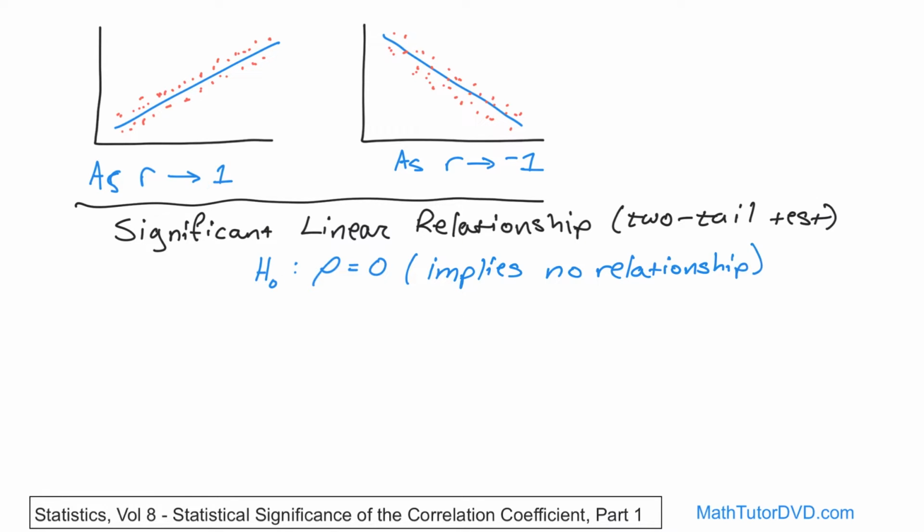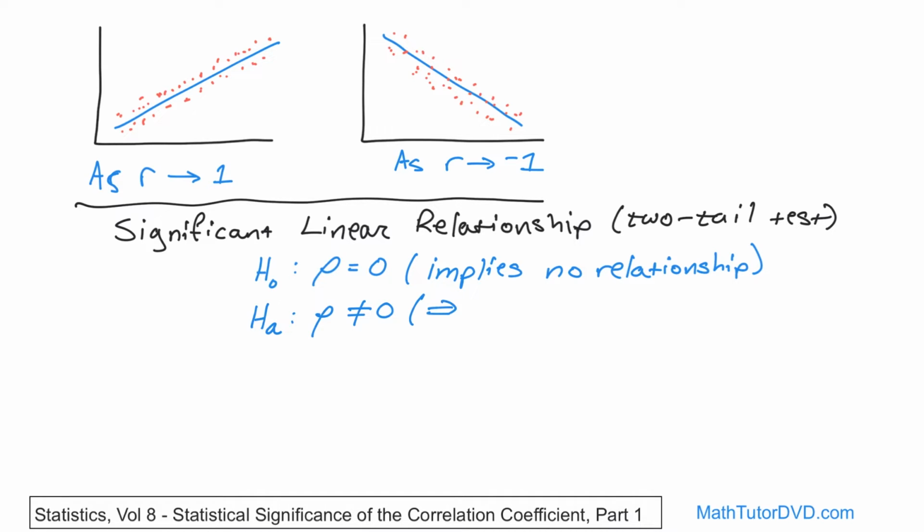Remember those plots we did before when it wasn't linear, it was just kind of random data everywhere? Well, that would be very likely to happen if you had the correlation coefficient equal to 0. So if that is what the null hypothesis is, then the alternate hypothesis has to be the opposite of that, which is that the correlation coefficient of the population is not equal to 0.